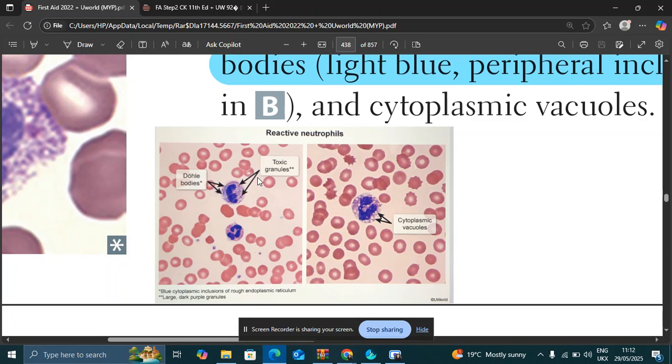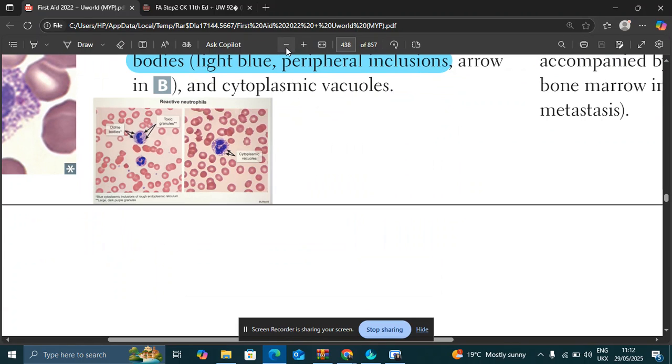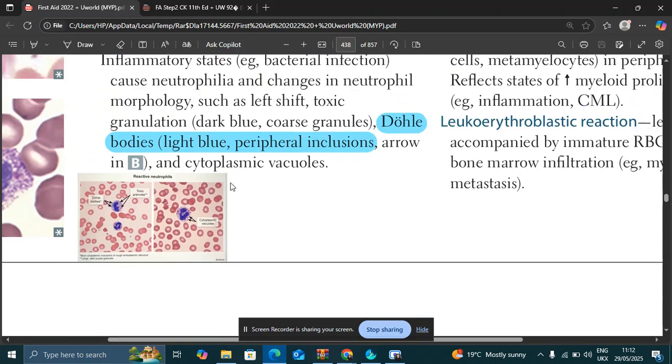The first is they are showing toxic granulations. They are showing light blue dull granules. Okay, and these are cytoplasmic vacuoles. These toxic granules, dull bodies, and the cytoplasmic vacuoles we only see in reactive neutrophils and not in normal neutrophils, which we see normally without an inflammation.